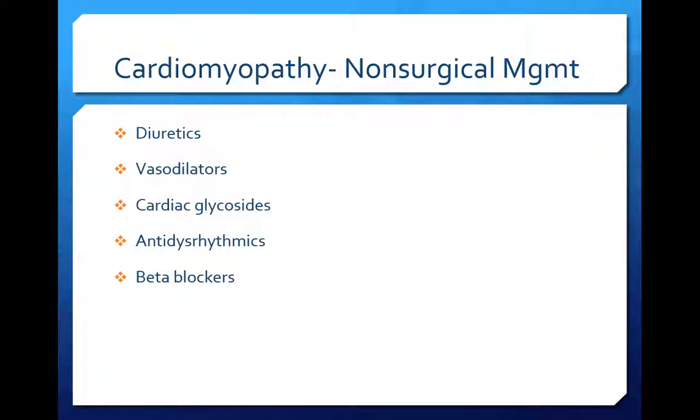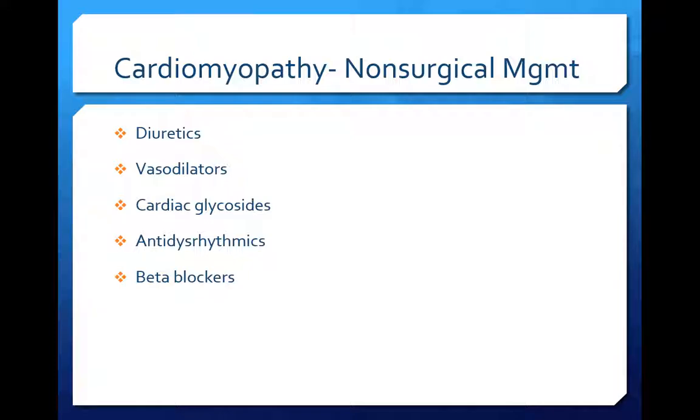Non-surgical management, initially, especially with dilated or restrictive cardiomyopathy, is the same as heart failure. You can use diuretics, vasodilators, cardiac glycosides such as your digoxin to increase cardiac output. And because patients are at risk for sudden death, we need to teach them to report any palpitations, dizziness, or signs and symptoms of fainting, which might indicate a dysrhythmia.